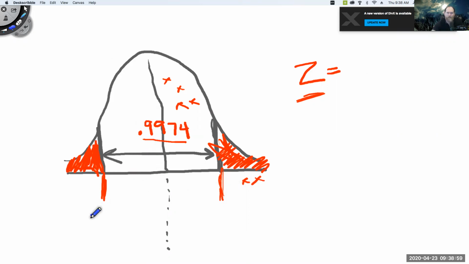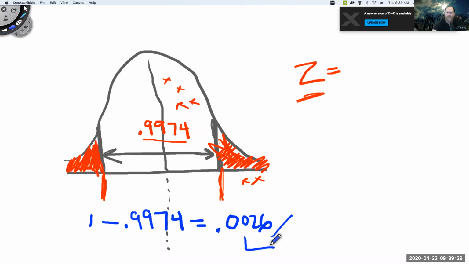The first thing I need to do is determine the sum of these red areas. So I'm going to take 1 minus the non-red area, and that's 0.9974. That difference is going to be 0.0026. All right. But I shouldn't stop there, because that's the sum of these two. To determine one area and this value right here, I have to cut that in half.